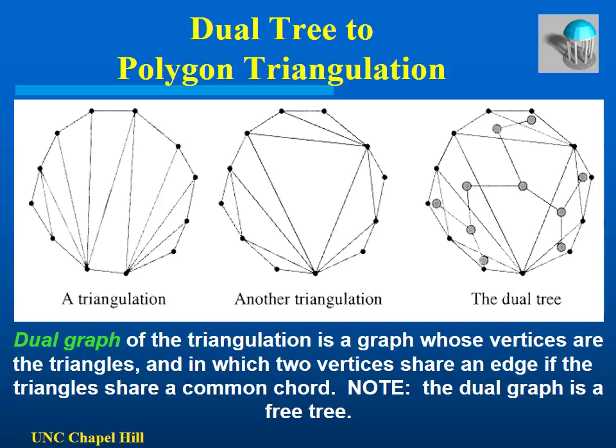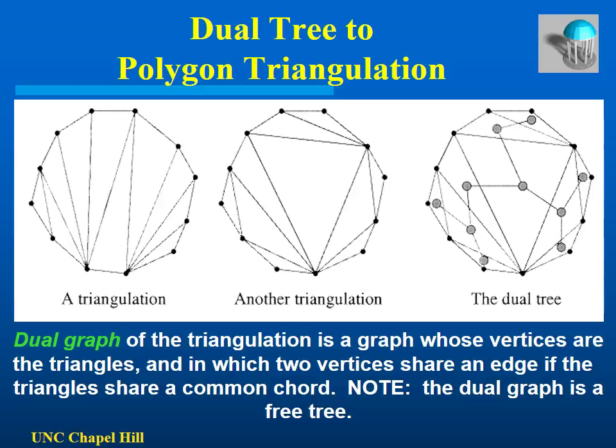So, for example, in the dual tree to the triangulation in the middle, the dual tree shown on the right, the big triangle is a node which has 3 sides, none of which are polygon edges, and so it has 3 other triangles as its neighbors. That is to say, there's an arc between its node and those other 3 nodes.